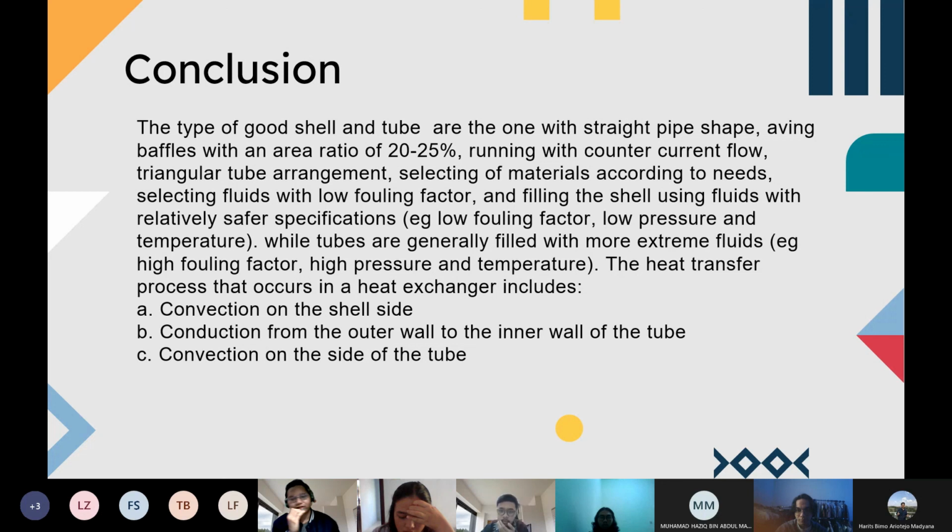While the tubes are generally filled with more extreme fluids, for example high fouling factor, high pressure, and temperature.